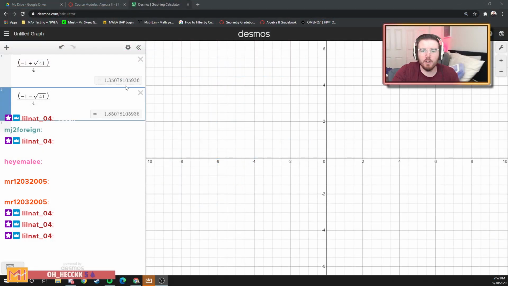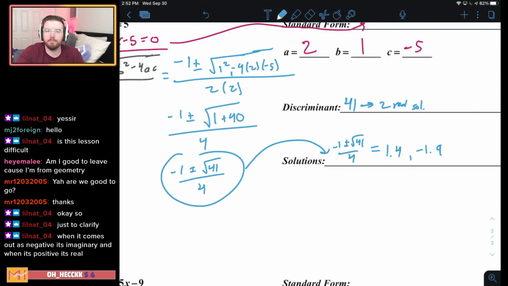So you can see here, we've got 1.4 and negative 1.9. I can't read. And there it is. We got our two solutions.